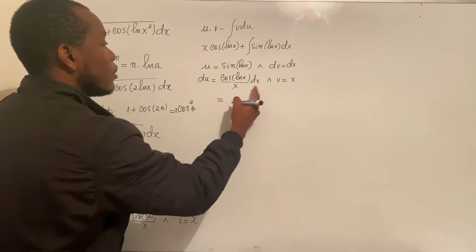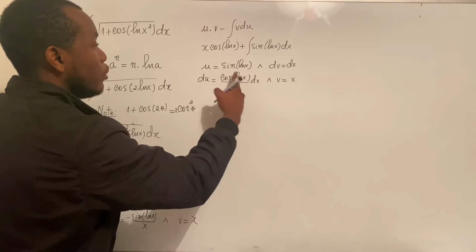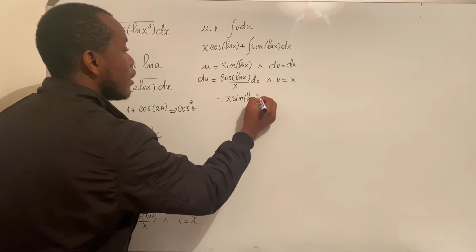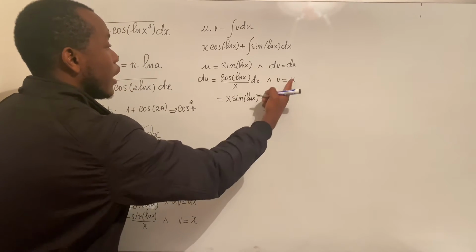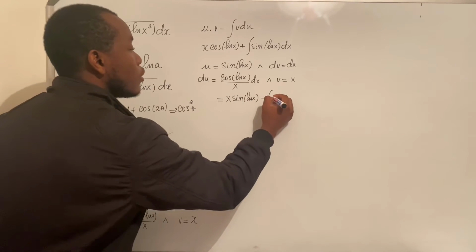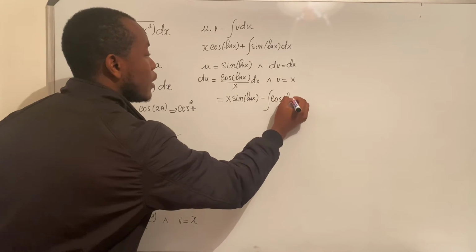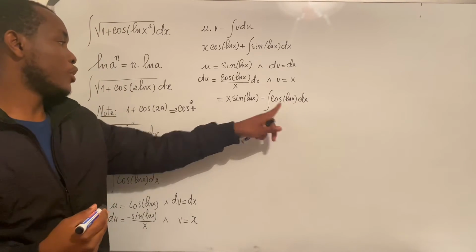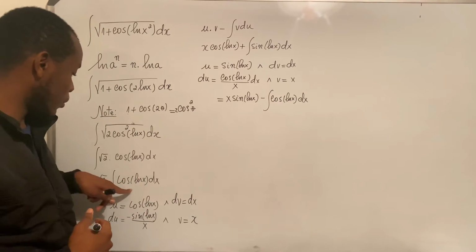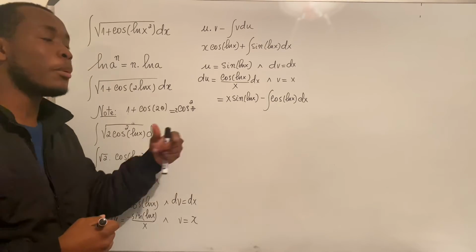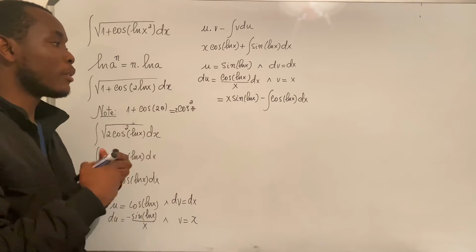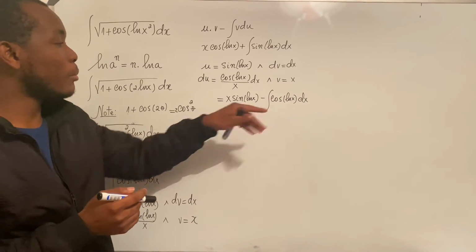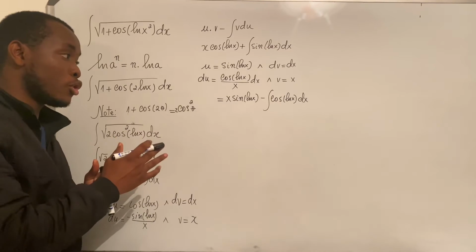According to the formula, u times v is x sine of ln x minus the integral of v du. The x cancels with this x, so we have cos of ln x dx. Now, this expression is similar to the one we were given at the beginning. If we keep applying by parts, we will just keep going around in circles. So when we get to an expression equal to the given one, we stop there.